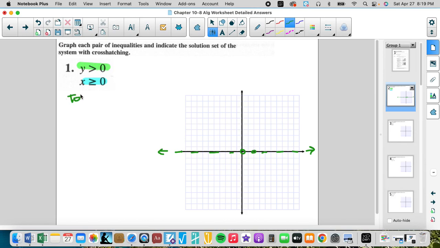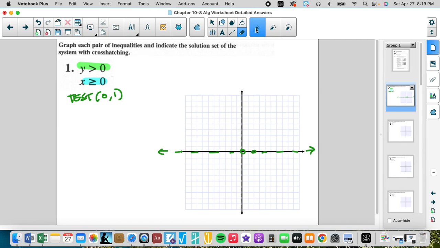We're going to test. Now we can't test 0. We will do 0 for x and 1 for y. That's this point right here. I should probably do blue, huh? Or purple or some other color.